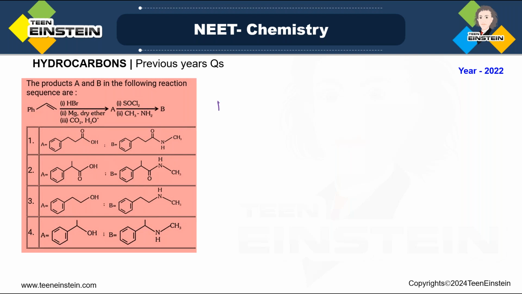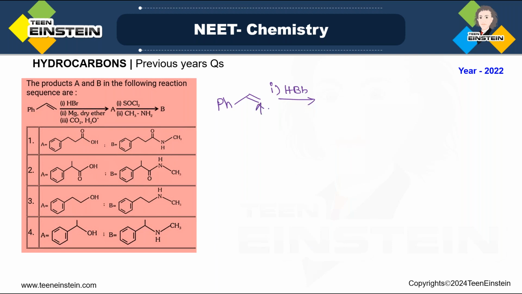So here we have Ph, then a C=C double bond. The first reagent you are using is HBr. Now we know when we add HBr to a C=C double bond, we have to take care of Markovnikov's rule. And again, I will say that don't blindly follow Markovnikov. Just check yourself at what position the carbocation is stable.